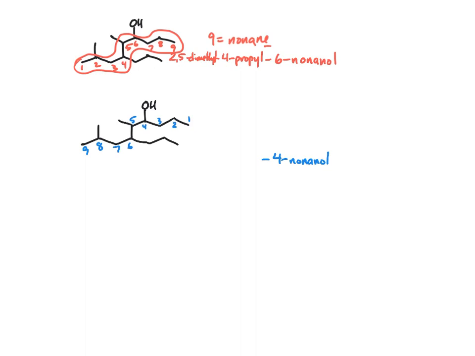And so the reason that this is going to be the correct name is because the main functional group has the lower number. Let's write it out and I'll explain a little bit more about it. So the methyl groups now are at 5 and 8. The propyl group is at 6. So we have 5,8-dimethyl, 6-propyl, 4-nonanol.